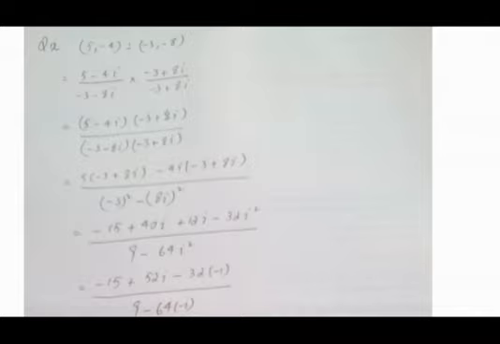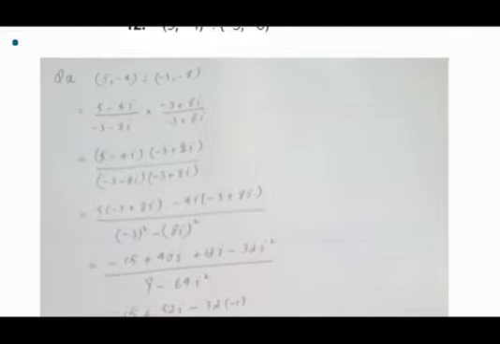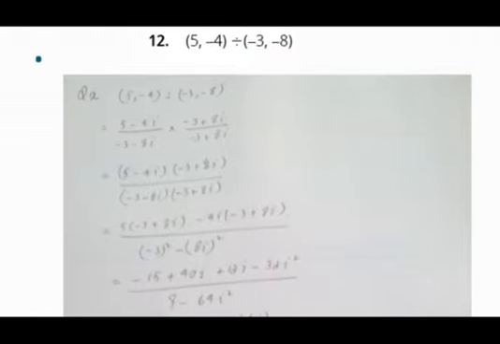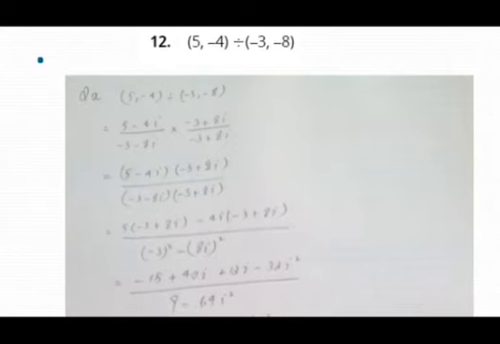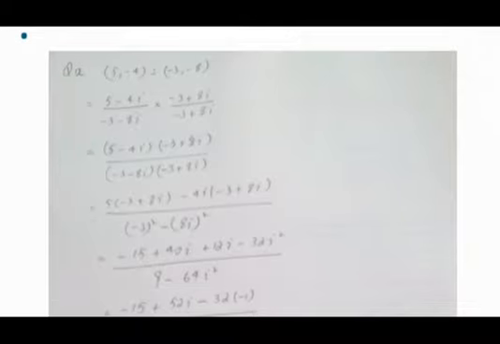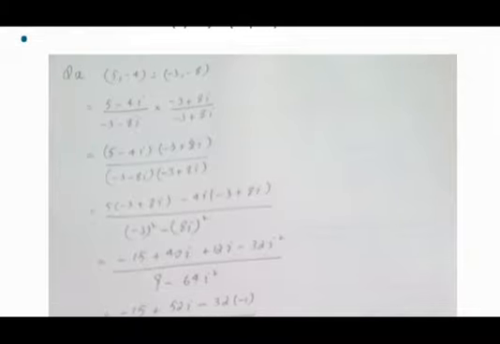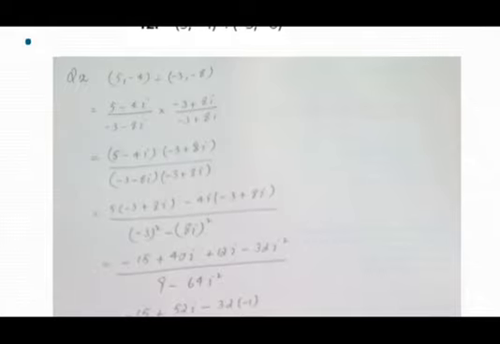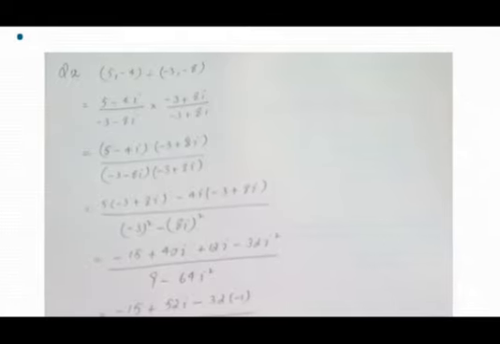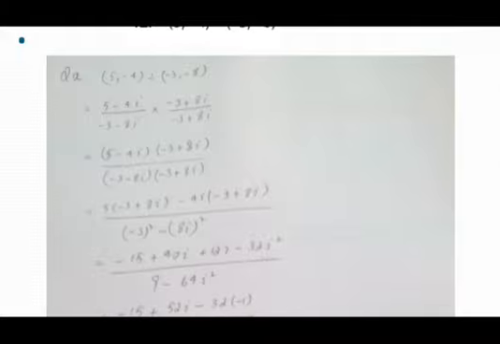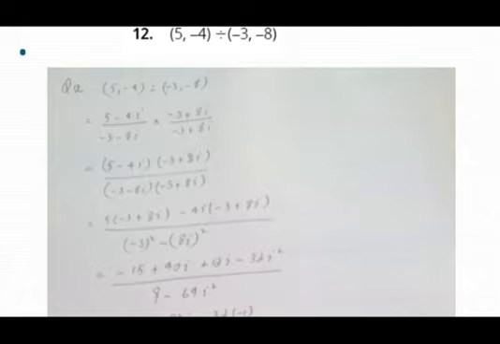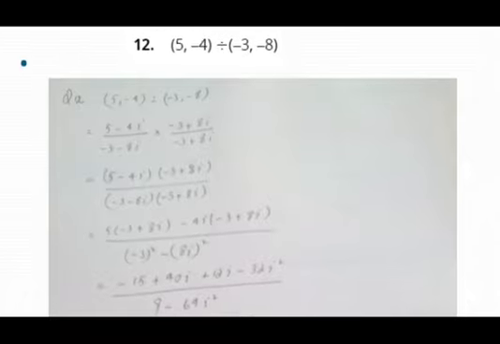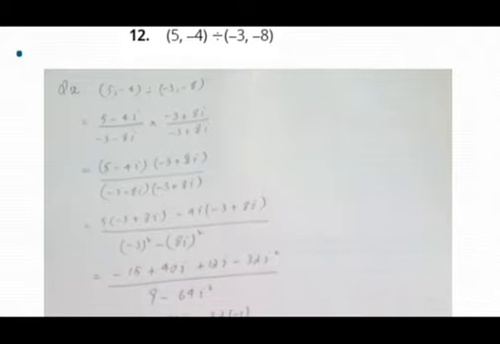Next is division of complex numbers. Two complex numbers: 5 minus 4 iota divided by minus 3 minus 8 iota. We multiply by the conjugate of the denominator, and the conjugate of the denominator is minus 3 plus 8 iota. It means we rationalize the fraction of a complex number with the conjugate of its denominator.